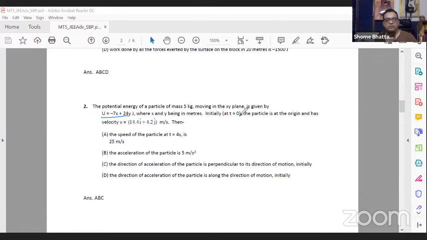Okay, now potential energy is given by this function. Okay, and initially it is located at the origin. So you can see initial potential energy is zero because x coordinate is zero, y coordinate is zero. Okay. Now, if it is moving with a velocity like this, okay, then you can find the initial kinetic energy. Okay.